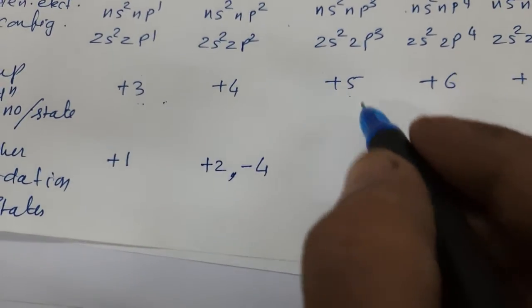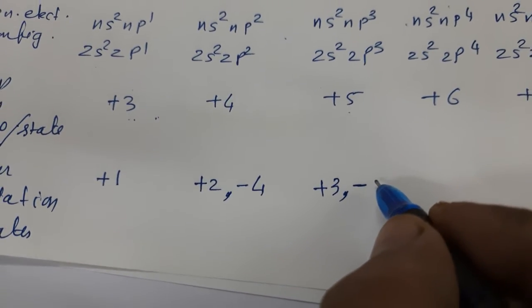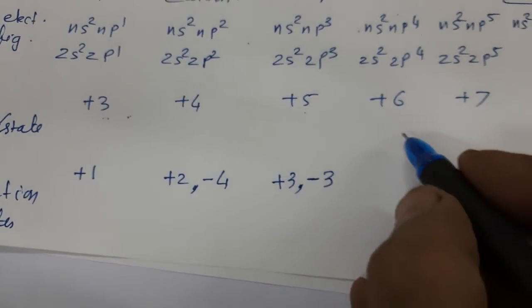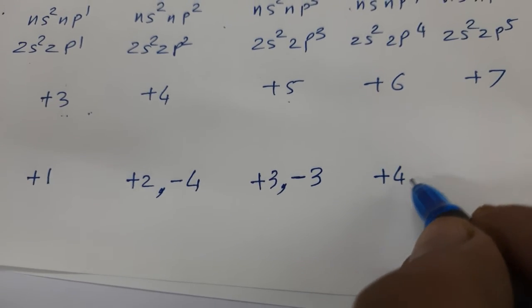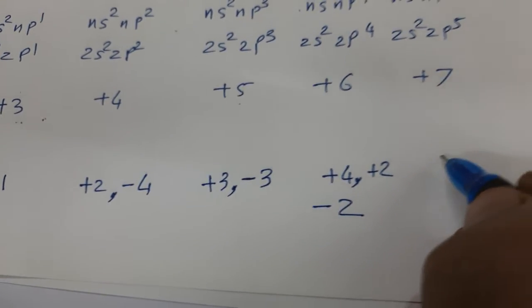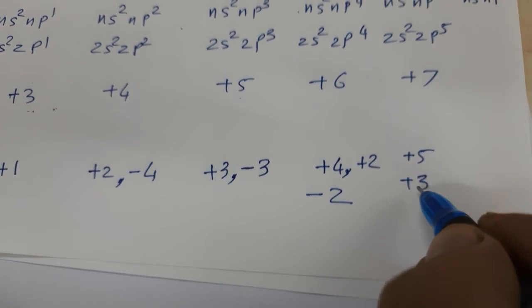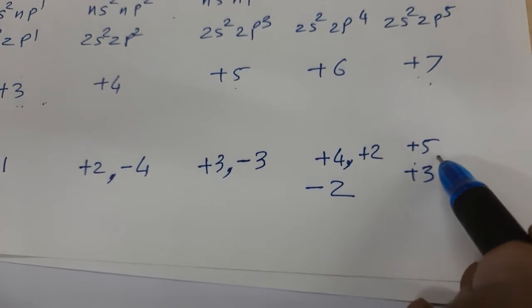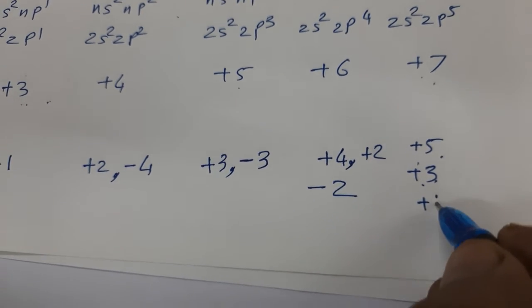Here +5, so +3, -3, and here +6 is there, so it is +4, +2, -2. Here +5, +3, subtracting 2 we get +5, then +3, then +1, and then -1.